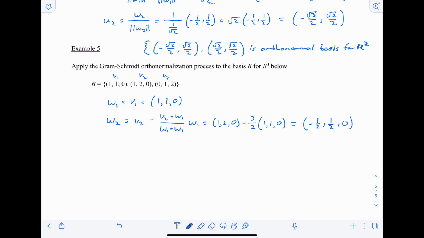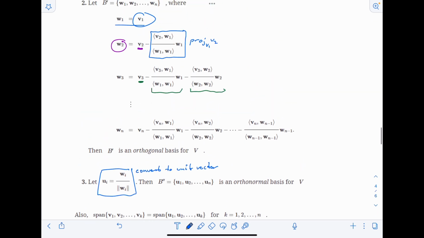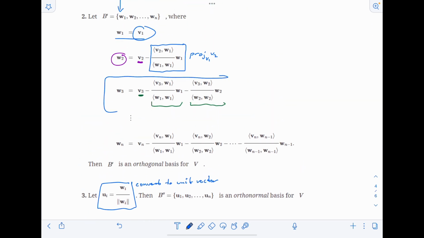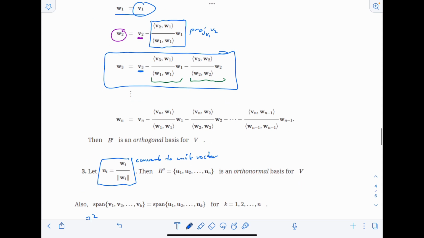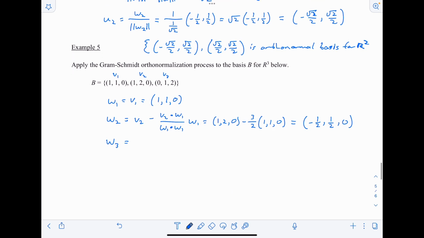All right, now we have to take this one more step, though, because we're in 3 dimensions, so we need to find a W3. Coming back to our formula above, here's the formula that we're using for W3. So now we're going to take V3 and we're going to subtract the projection of V3 onto W1, and so on and so forth. I'm just going to write out this formula so you've got it down here as well.